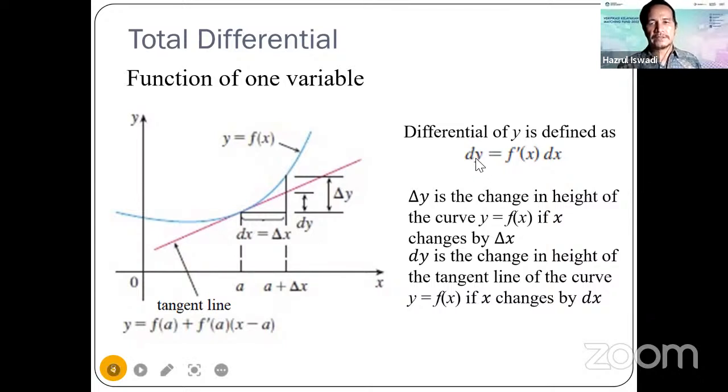In this illustration, it is the total differential of y. dy is equal to f dash dx. Why can we have this formula? Because as we know, f dash x is dy dx, so f dash is multiplied by dx. So we have this formula.